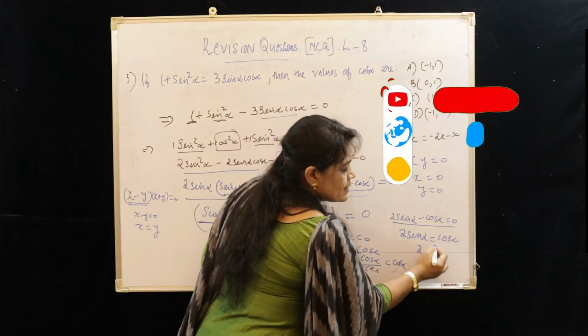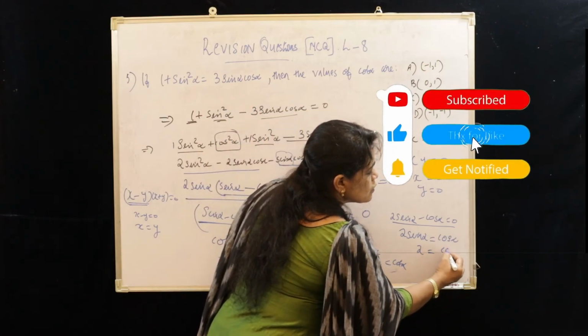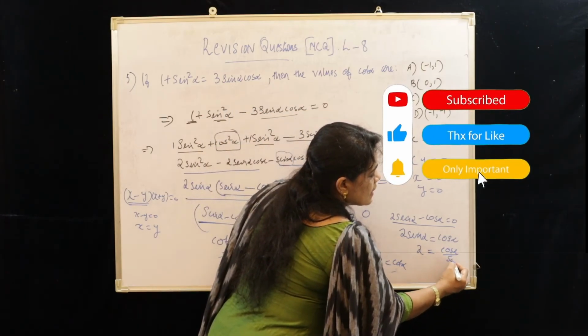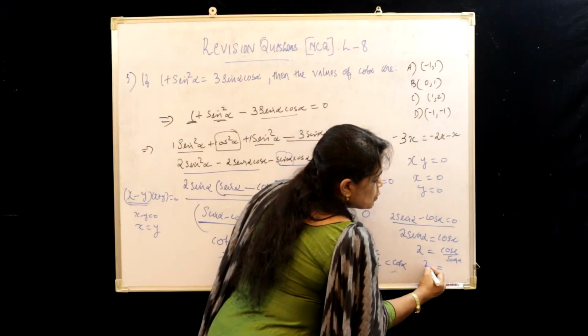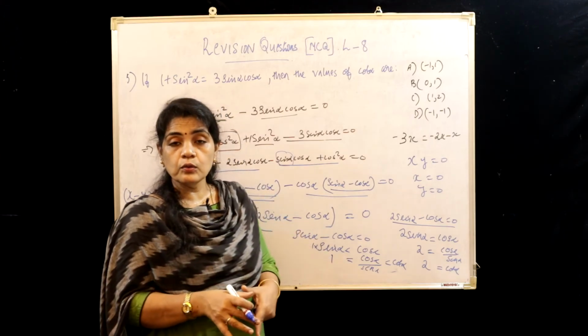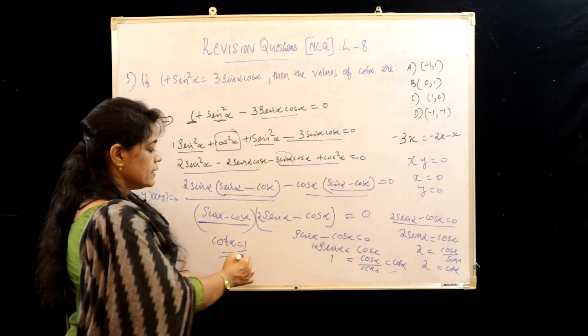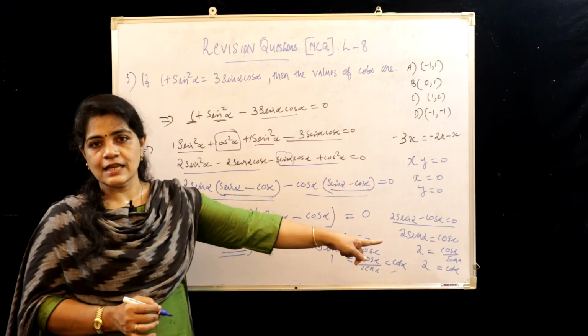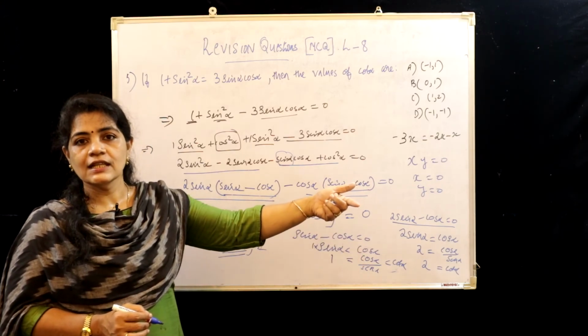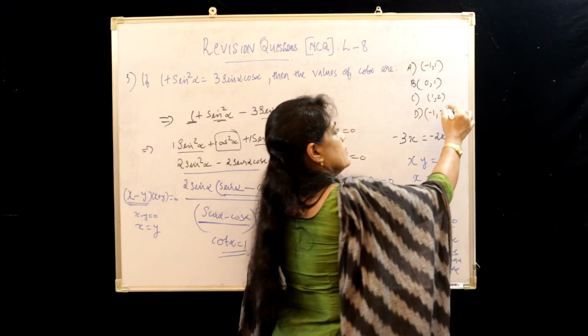So 2 I am keeping in LHS, by taking sin alpha into the denominator on the RHS. So cos alpha by sin alpha, that is 2 equal to cot alpha. That means we have now two values of cot alpha. They are 1 and 2. From the second factor, cot alpha, we have seen that its value is 2. That means 1 and 2, that is the third option.